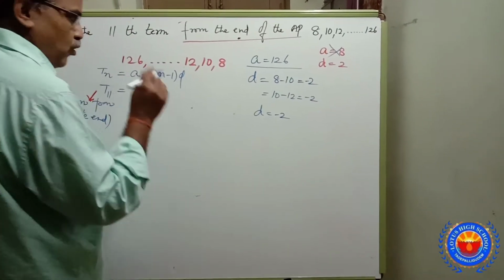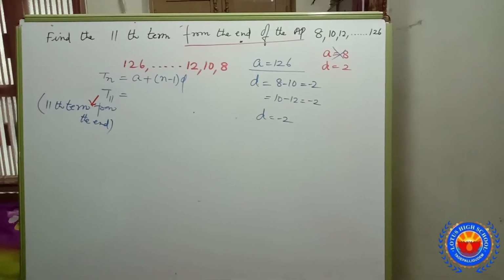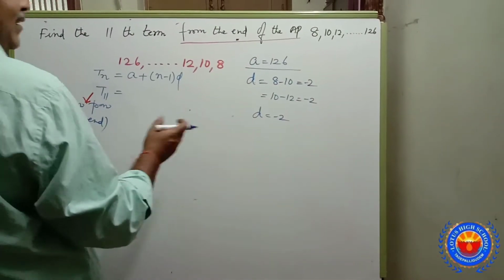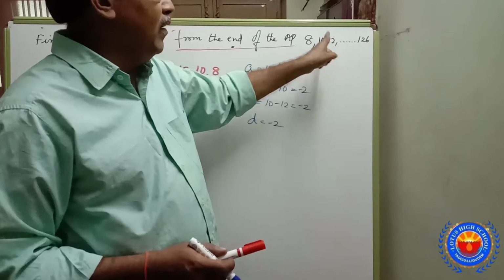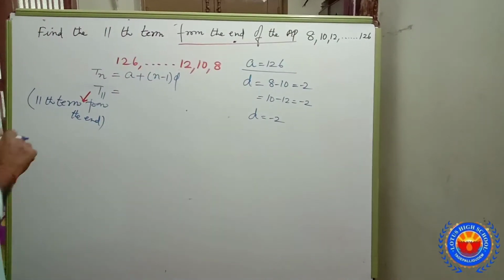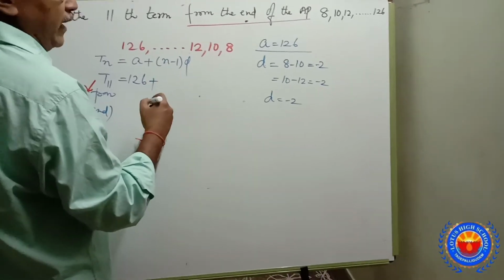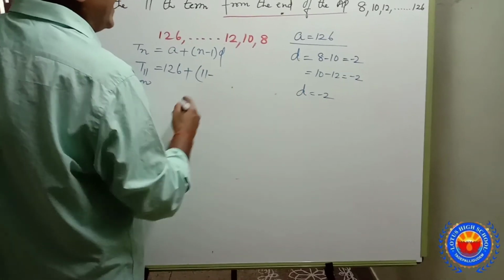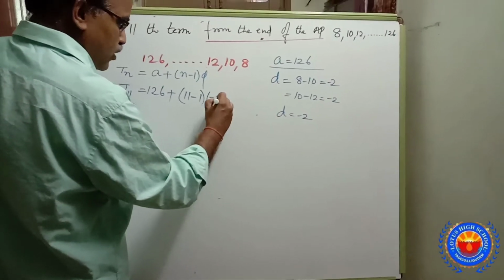Now, substitute those values. This is a very, very important model, because in this, from the end is there. That's why rewrite from 126, and so on, 12, 10, 8, in reverse. Here, A is 126 plus n, which is the 11th term, so 11 minus 1, into D, which is minus 2.